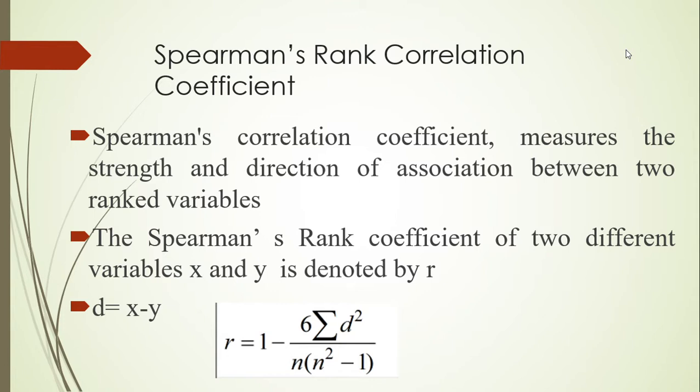The Spearman rank coefficient of two different variables x and y is denoted by r, and r is equal to 1 minus 6 sigma d square upon n into n square minus 1, where d is equal to the difference of x and y ranks, and then you have to take its square, d square, and then take its sum, that is sigma d square, and n is equal to the total number of data given in the example.